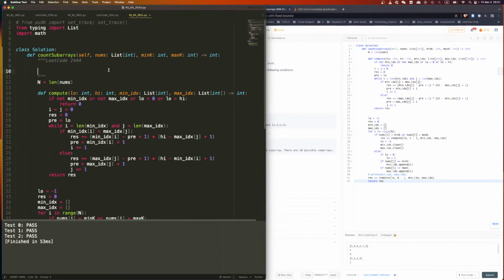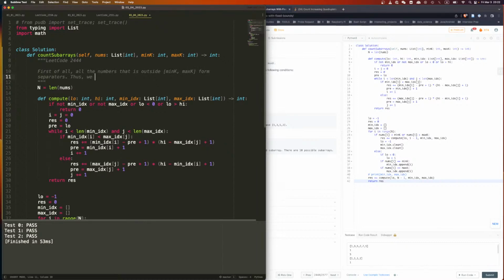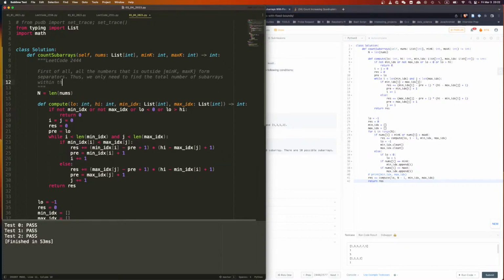So, first of all, the numbers that are outside min k to max k form separators, right? Thus, we only need to find the total number of subarrays within the partitions bounded by the outsiders.